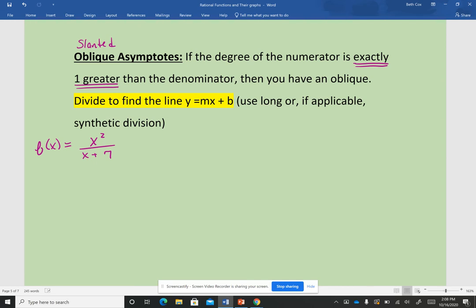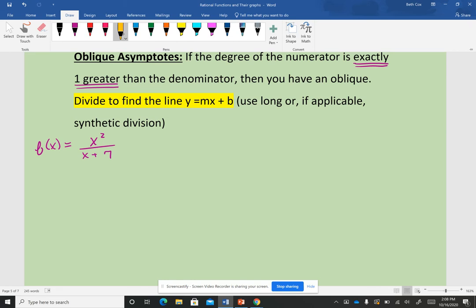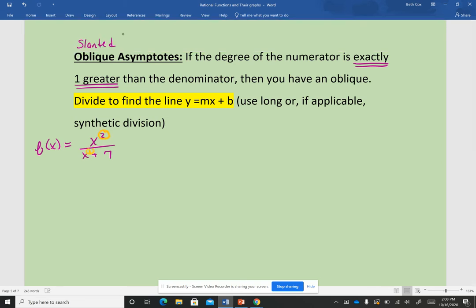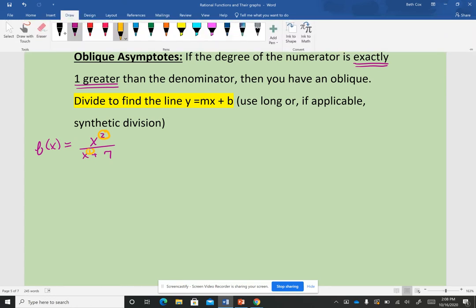All right. So now we look at it and we see that the degree of the numerator is 2 and the degree of the denominator is 1. It's just 1 more. So this is the case for an oblique.